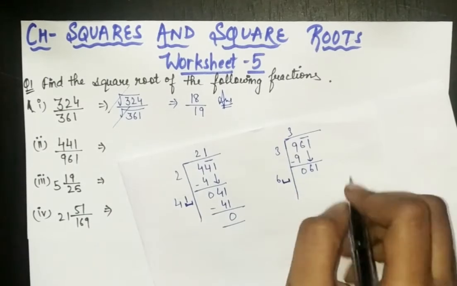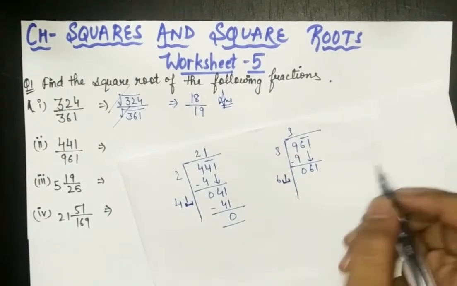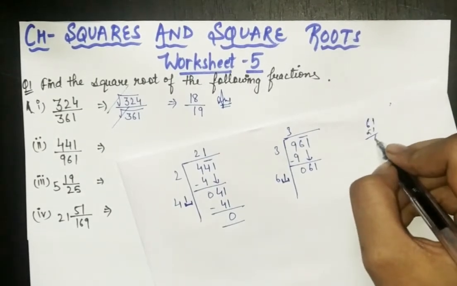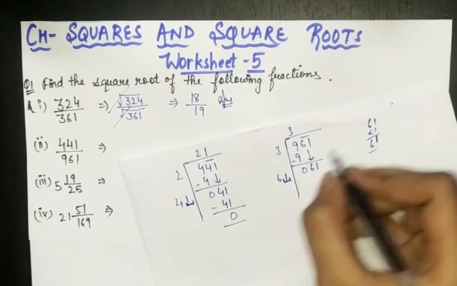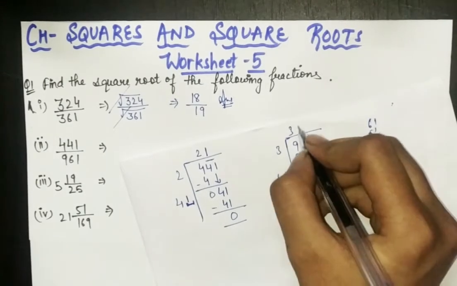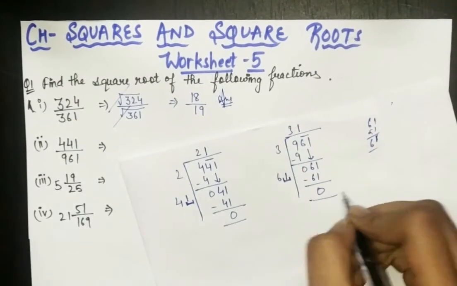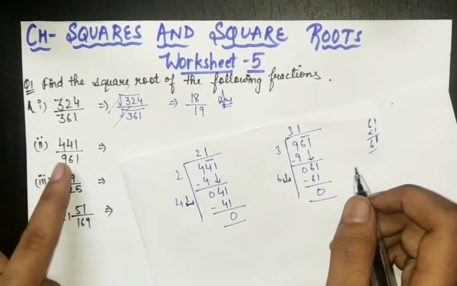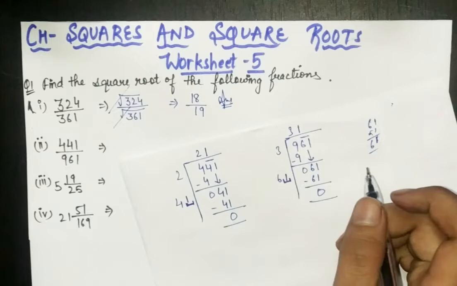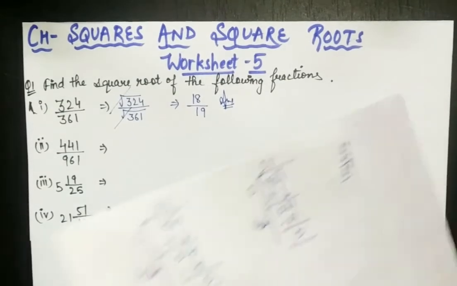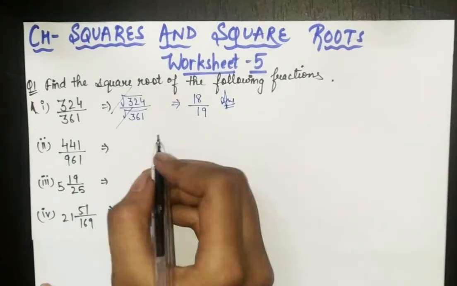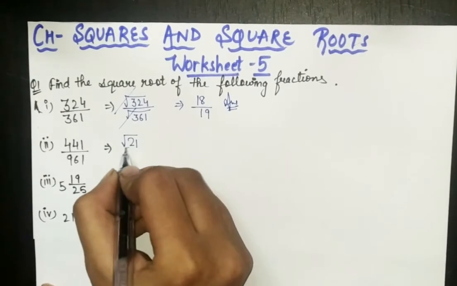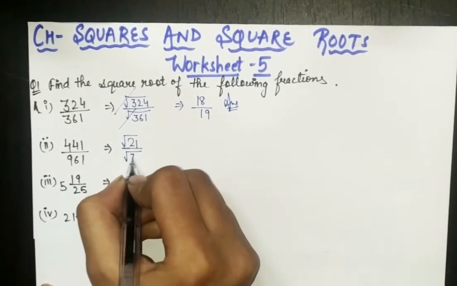Here it is completely divisible by 1, as 61 times 1 is 61. So you can simply write 1 here. So the square root of 441 is 21 and the square root of 961 is 31. So you can simply write this like, first you put root, that is 21, and then 31.